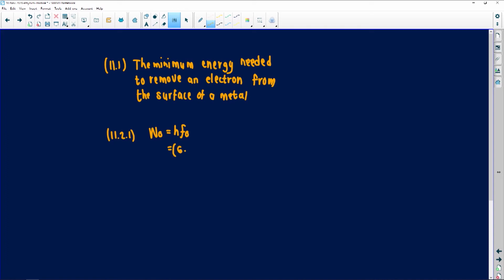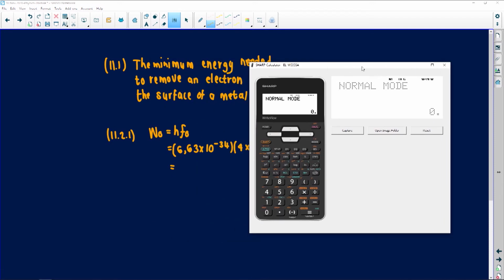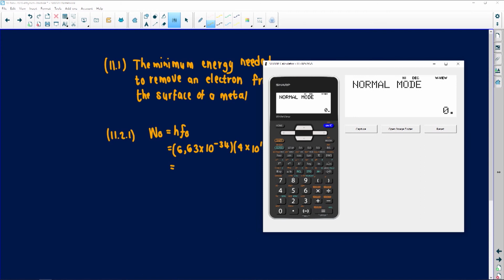Planck's constant is 6.63 times 10 to the negative 34. And then the frequency that I am given is 4 times 10 to the 14. Let me put this on my calculator and see what we get. So we can calculate the work function. I'm going to have 6.63 times 10 to the negative 34.